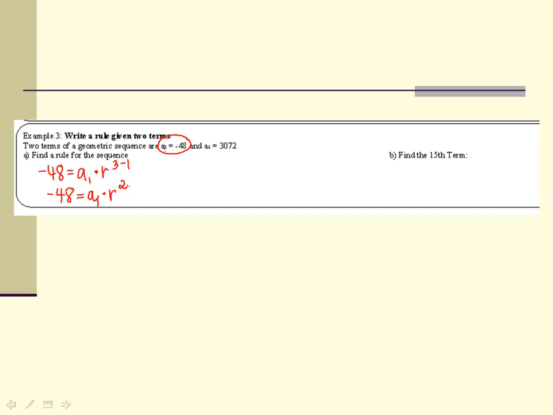Okay? I'm going to write a second equation for my second term. 3,072 is the first term times r to the 6 minus 1, because this is the sixth term. So really 3,072 is the first term times r to the fifth. Okay, I have two equations.